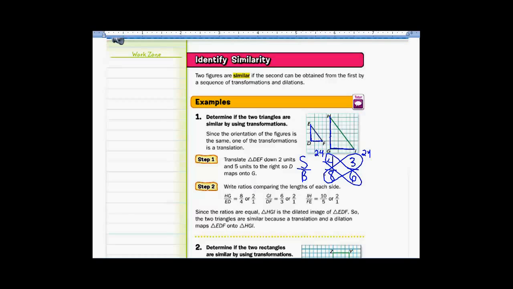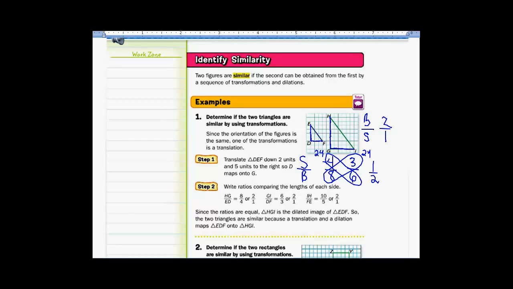If I were to take this and reduce it, I would get 1 to 2. And again, that's because they compared big triangle to small triangle. They compared big to small. I compared small to big. Does not matter. So I got 1/2. They got 2 over 1, which is fine because those are just reciprocals of each other.